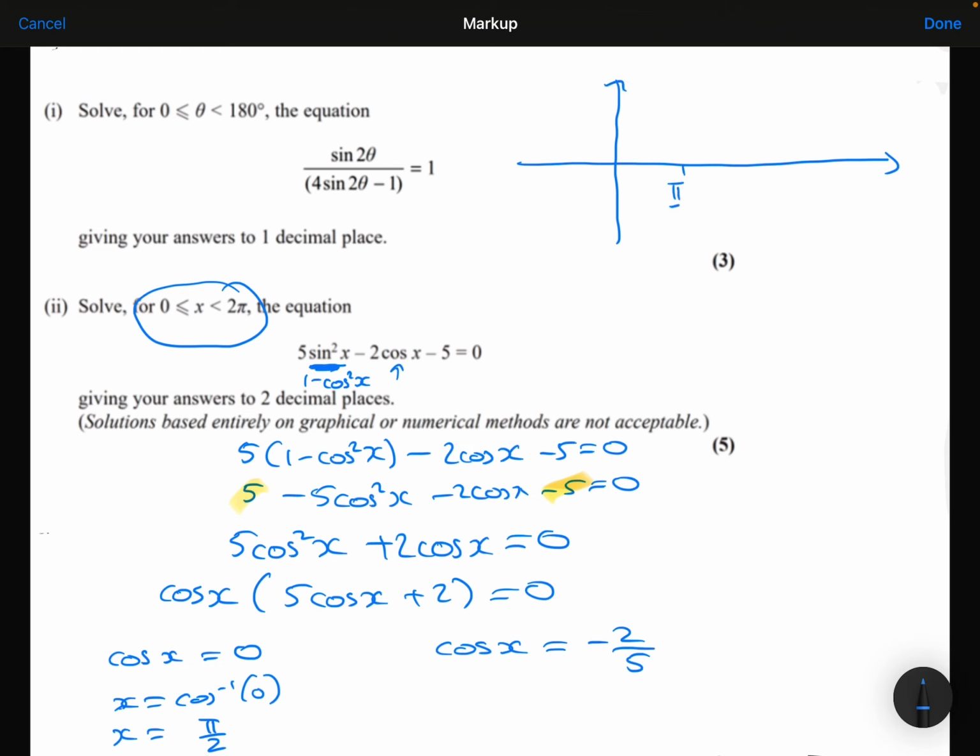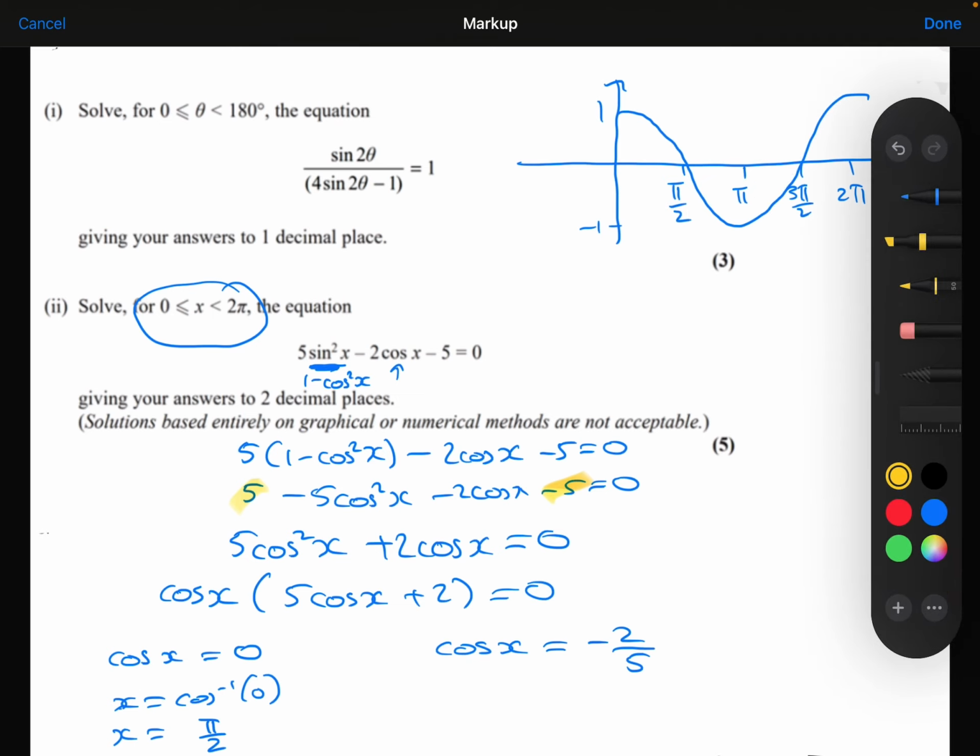I'm drawing my cos graph with radians now, so we're going up in pi over 2s. And the cos graph looks like this. So the first solution, when it equaled 0, was here at pi over 2. The second solution we can see is here at 3 pi over 2.